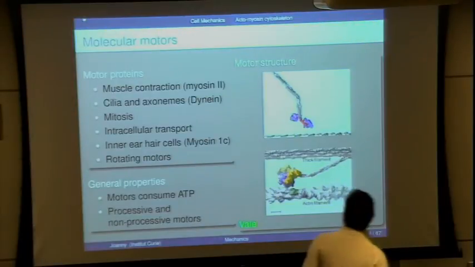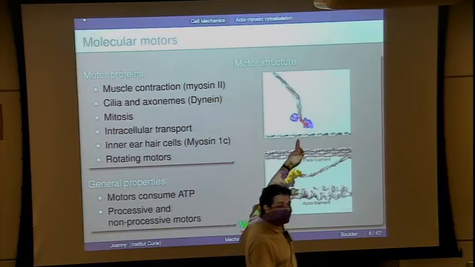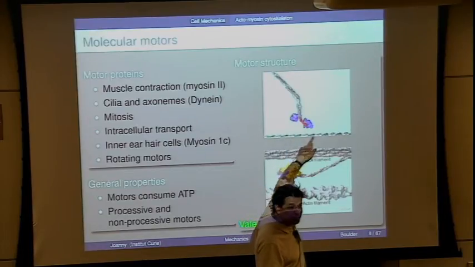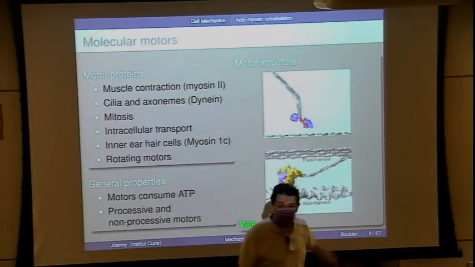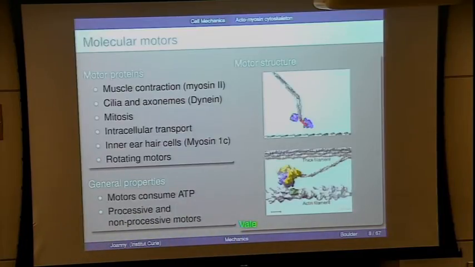So you see a typical motor here. It has two heads that walk on the filament and one long tail. So I will sketch it like this. This is one head. Second head is like this, and one long tail. And they walk on the filament.